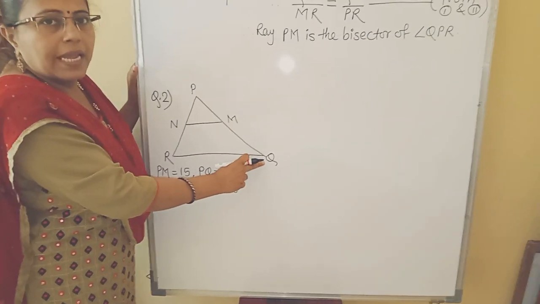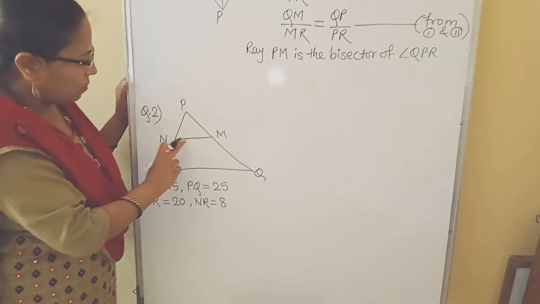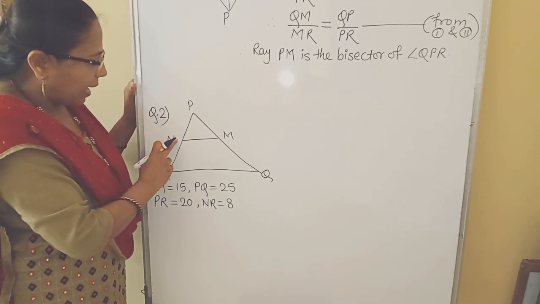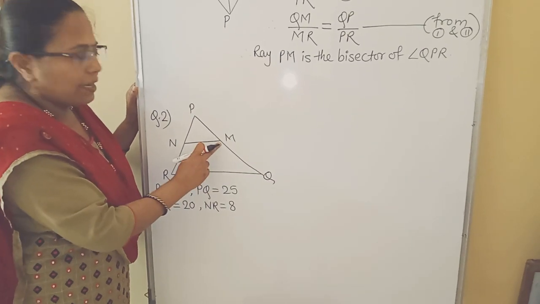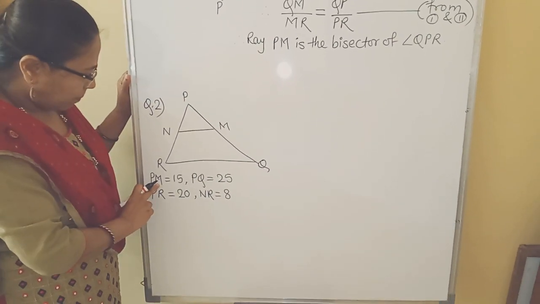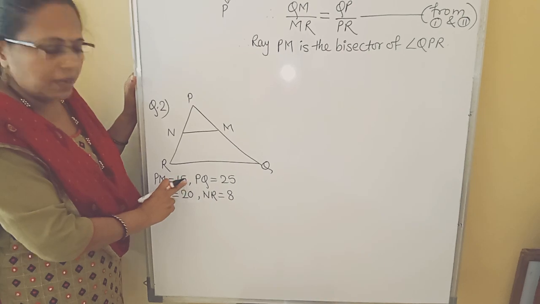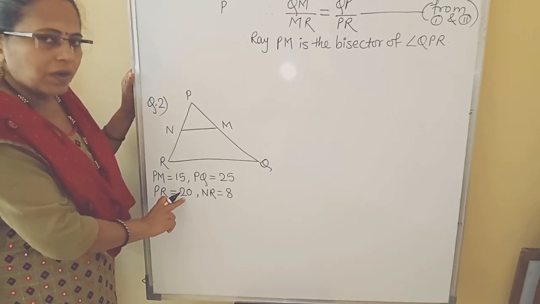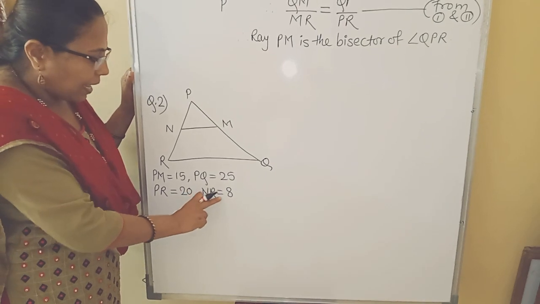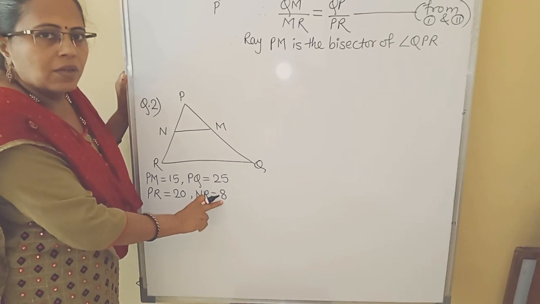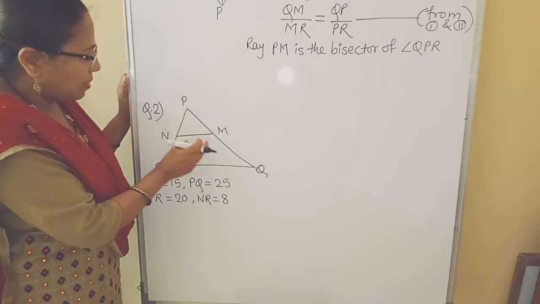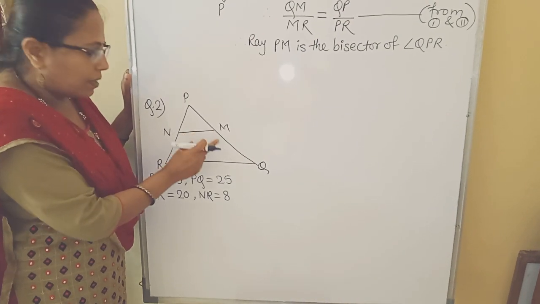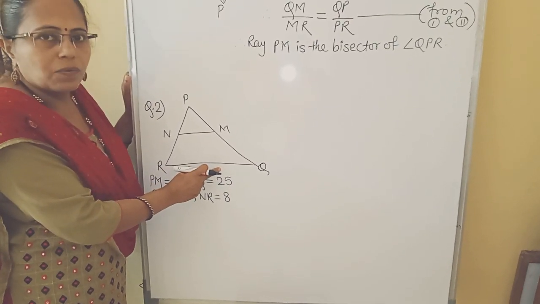PRQ. In this triangle PRQ, the line NM intersects side PR at N and side PQ at M. And PM is equal to 15, PQ equal to 25, PR equal to 20 and NR equal to 8. So we have to decide whether line NM is parallel to side RQ.